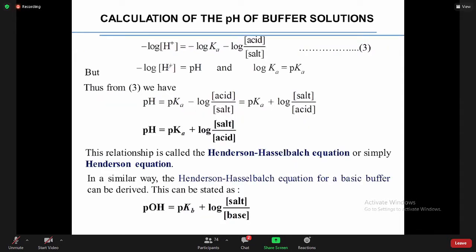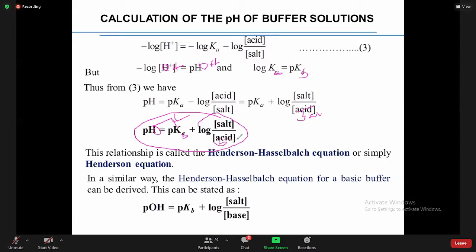Likewise there will be OH, pOH, and this will be log Kb, pKb, and this will be base.